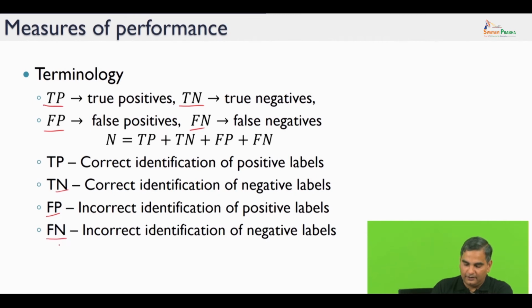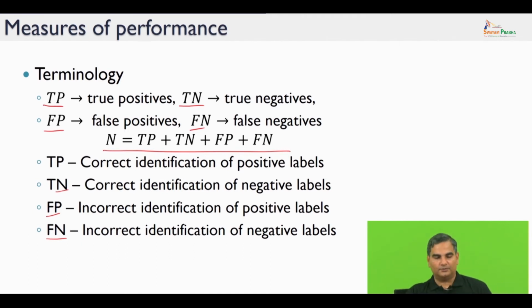And FN is that we predict negative, but that is an incorrect identification. We can also see that the total number of samples we have worked with has to be equal to TP plus TN plus FP plus FN, because any label we can classify into one of these 4 possible outcomes.